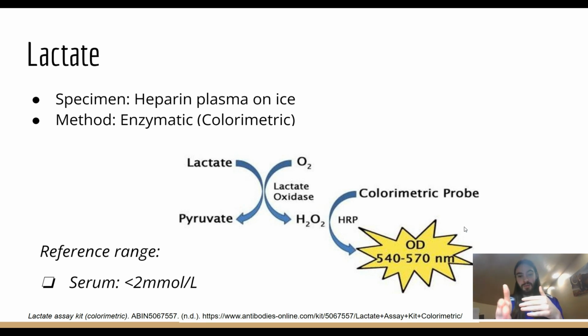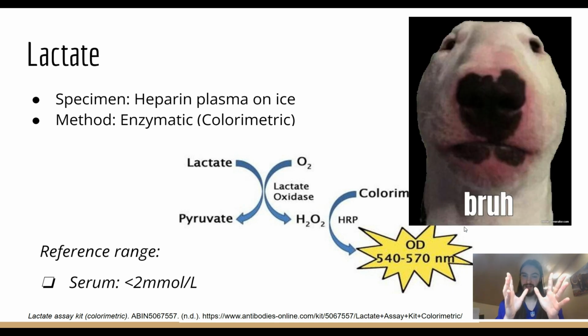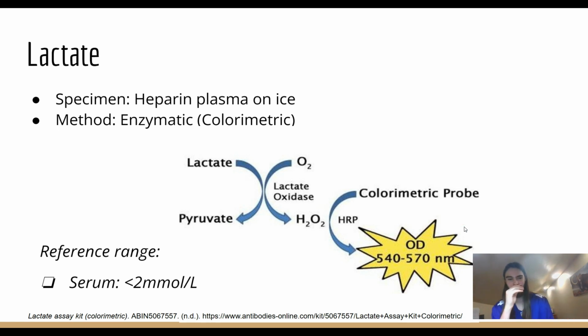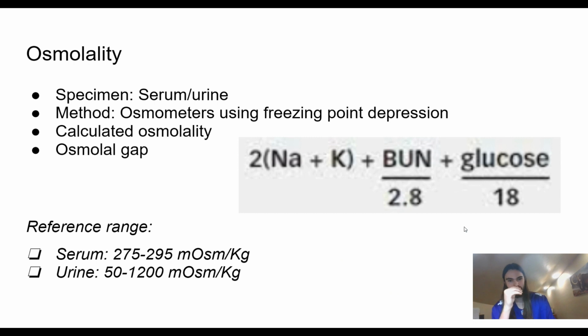That creates hydrogen peroxide, which then reacts with HRP, another compound, to create a spectrophotometrically active compound read at 540 to 570 nanometers. And that's the reference range for it. Okay, so that's all of the 8 main electrolytes individually.